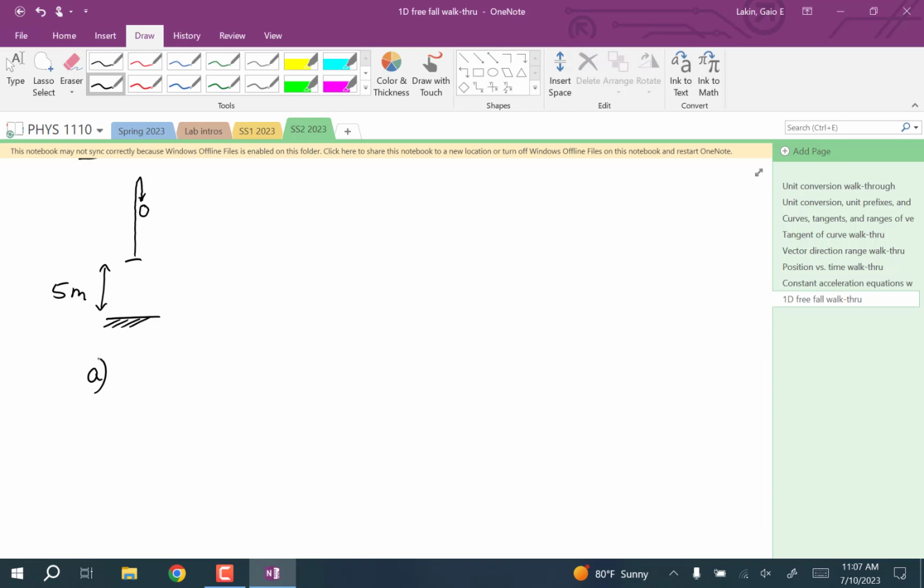So the first step is to choose those 4 things. We have to choose a time equals 0 instant, a time final instant, a location that we're going to call position equals 0, and a positive direction.